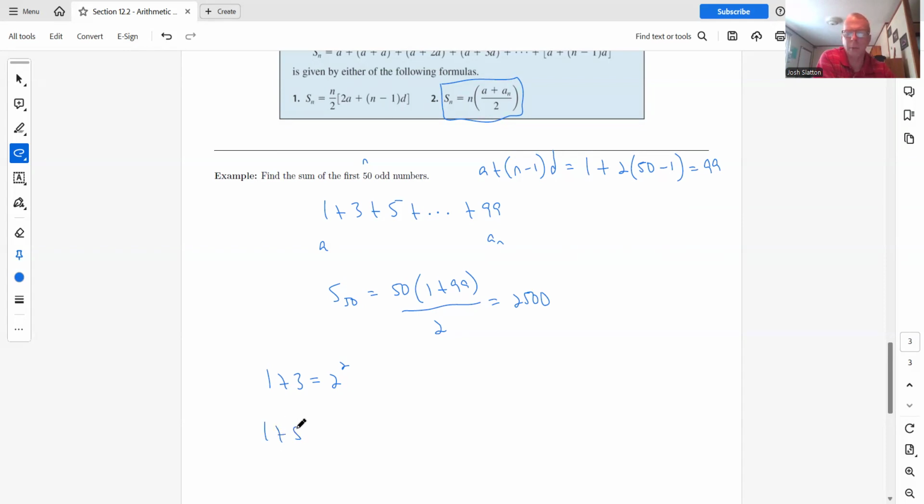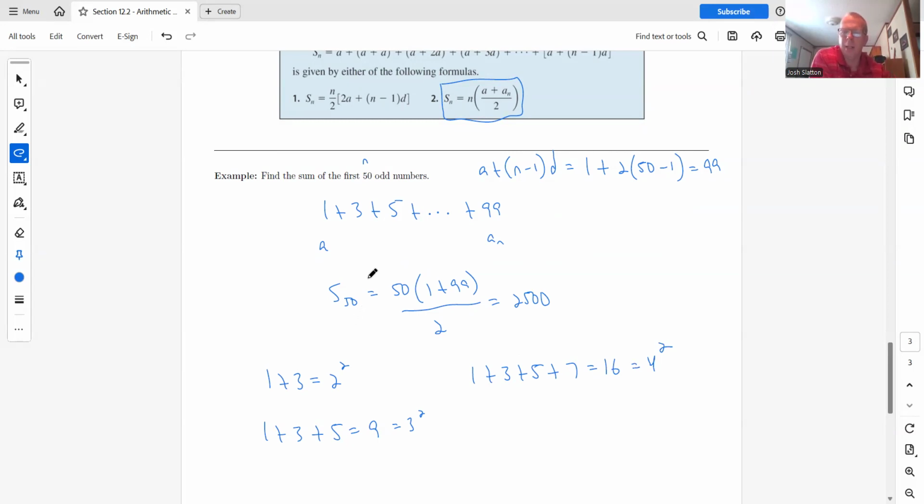You have 3 odd numbers, 1 plus 3 plus 5. Now that is 9, which is 3 squared. You have 4 odd numbers, and you could work that out, but that is 4 squared. Add a 9 on there, that'll be 5 squared, and so on.